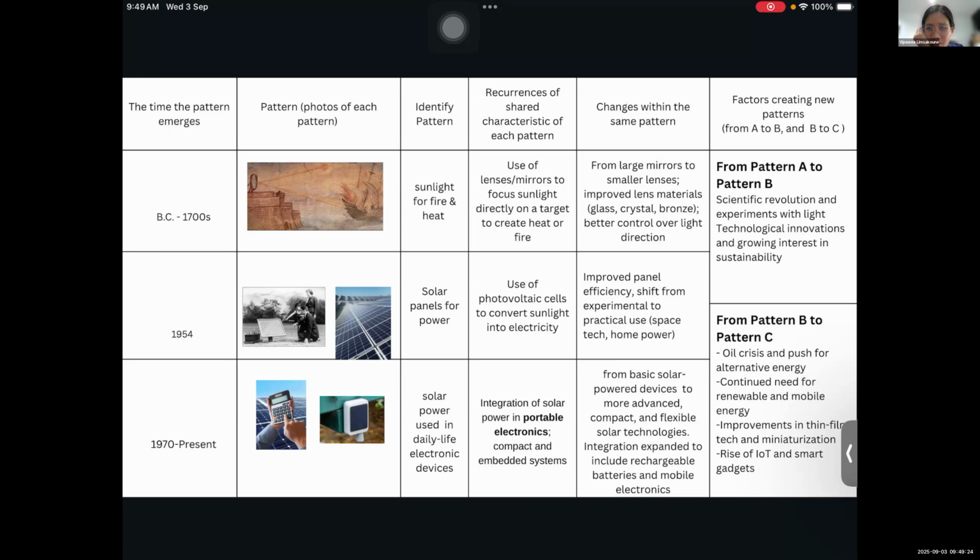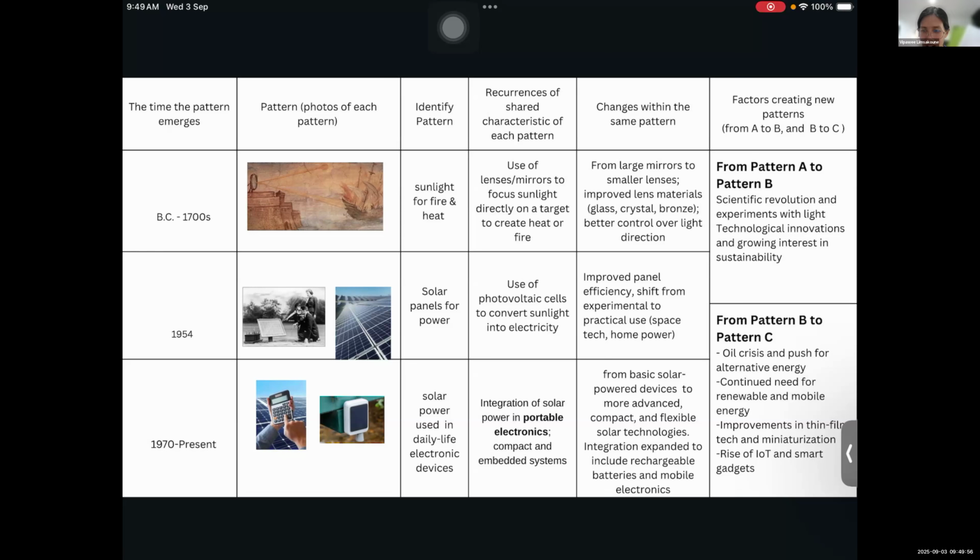Okay, more advanced and compact. And then your photo here is like a calculator, but the photo on the right, I'm not sure what it is. Maybe for agriculture or something, using small solar cells.